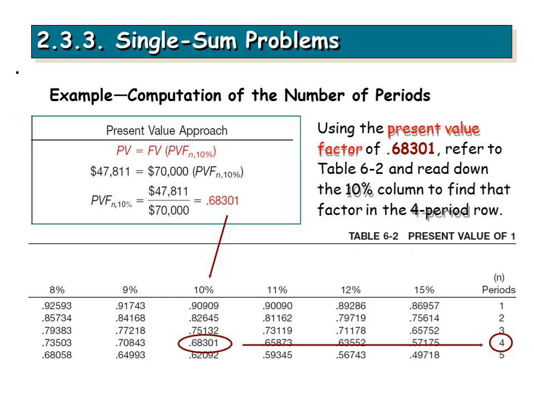Then $47,811 equals $70,000 times the present value factor.